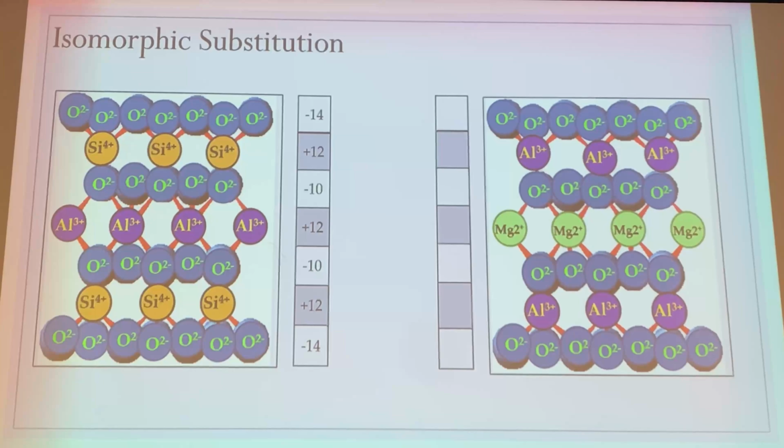So the overall negative component of this is negative 48. 3 silica, 4 aluminums, plus 36, the charge is negative 12. Did I go through that too fast? Okay. Y'all do the other side.